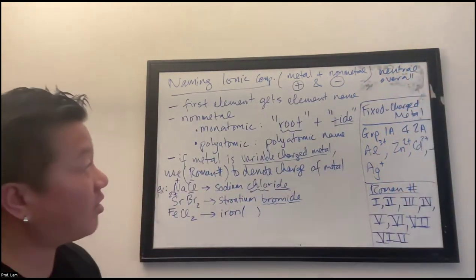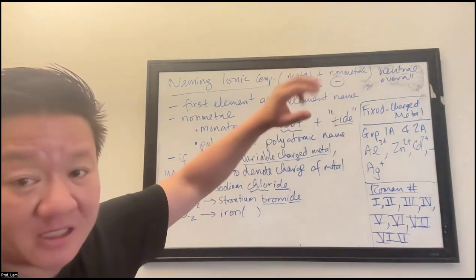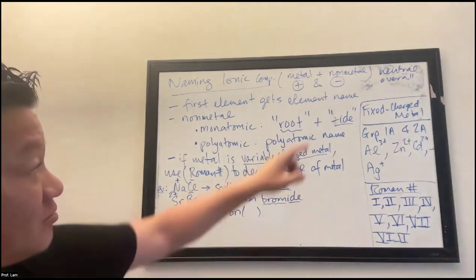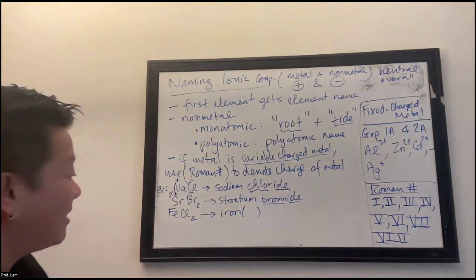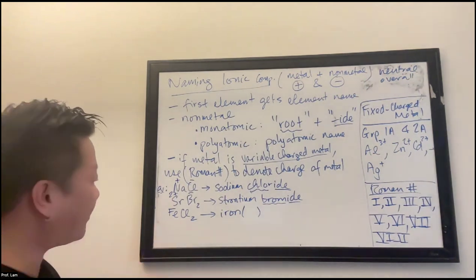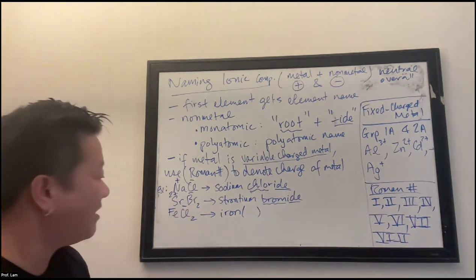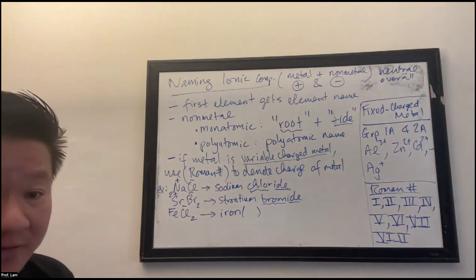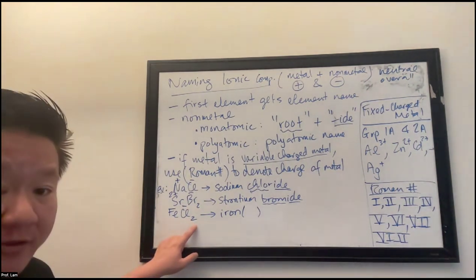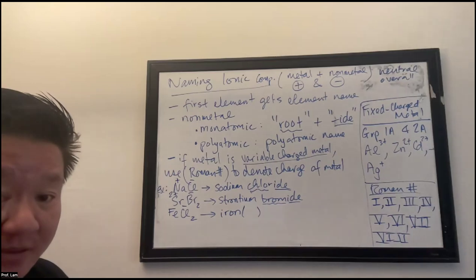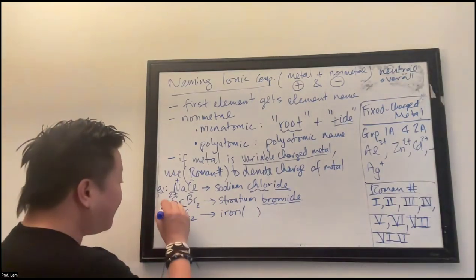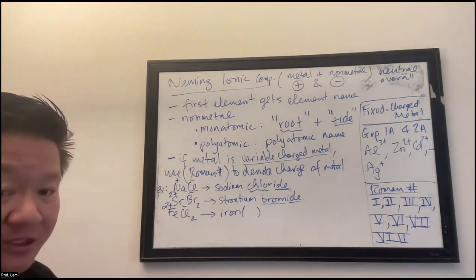Even though one is a plus and one is a minus, they have to come together to be neutral overall. So that's how you're going to be able to tell what charge iron is, because chlorine is in group 7A, so chlorine is going to have a negative charge. However, there are 2 chlorines, so that's 2 minus. Iron then has to be 2 plus to balance out that 2 minus.